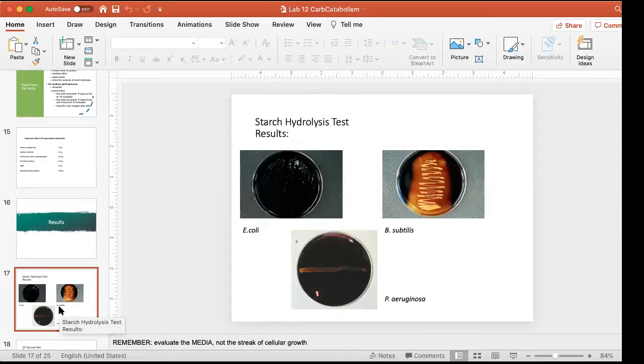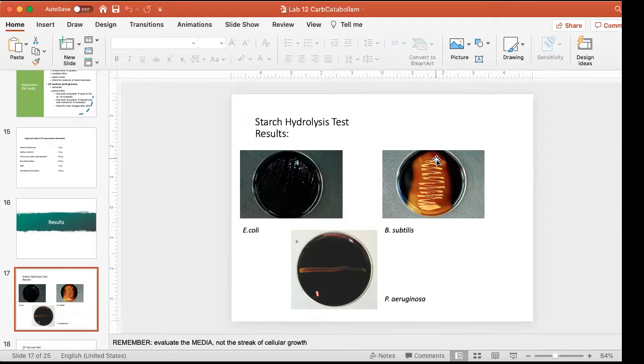So we already looked at the starch hydrolysis test, remember, when we worked together last time, and we saw that this Bacillus subtilis organism had a positive result. Very interesting. Bacillus subtilis was able to secrete an exoenzyme called amylase into this starch agar and break it down into glucose.